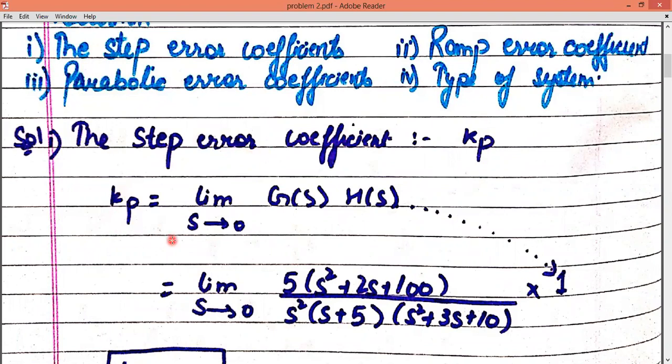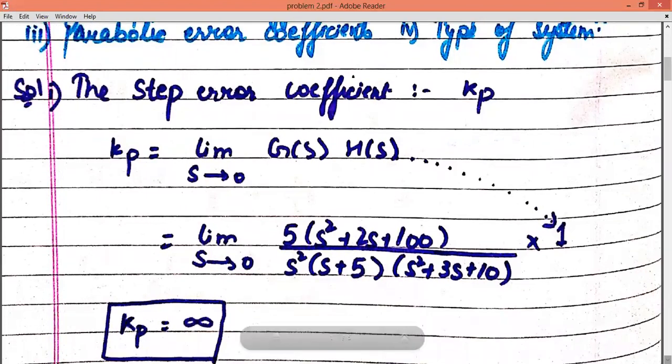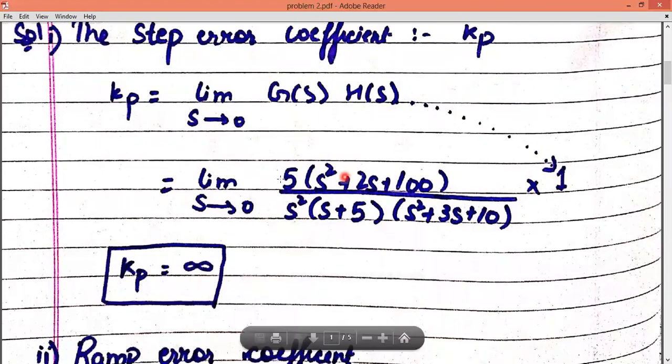So how do we write that? Kp equals limit s tends to 0 of G(s) into H(s). We need to put in the value of G(s) into H(s). Here it is a unity feedback system, therefore we take H(s) equals 1. So when we put the limit s tends to 0, when you put s equals 0 everywhere, we get the infinite value, which means Kp equals infinity.